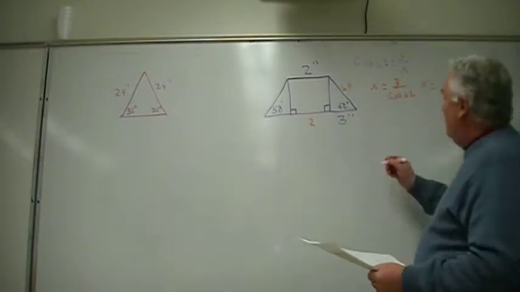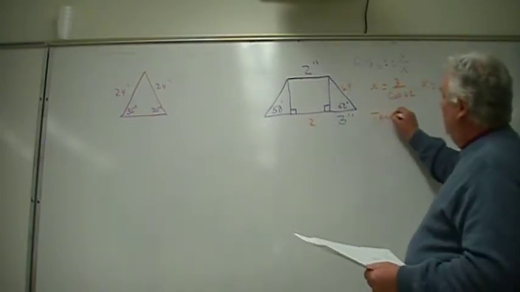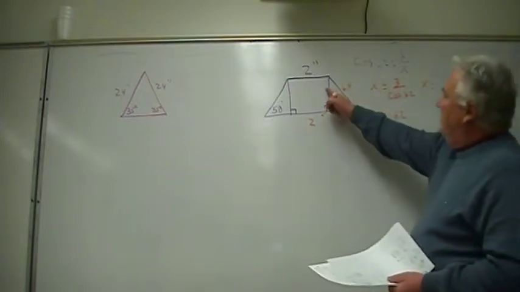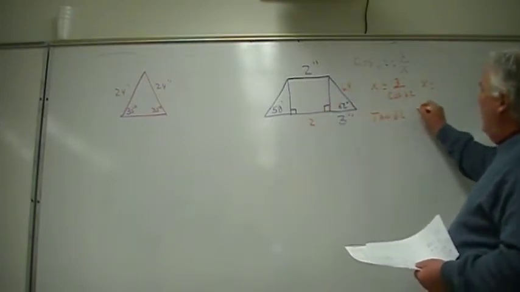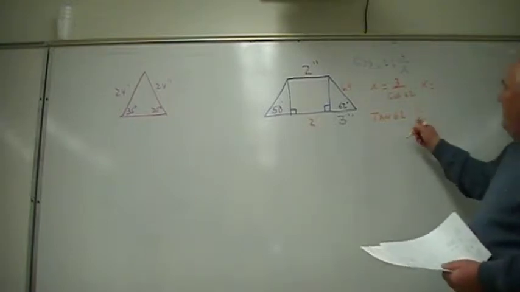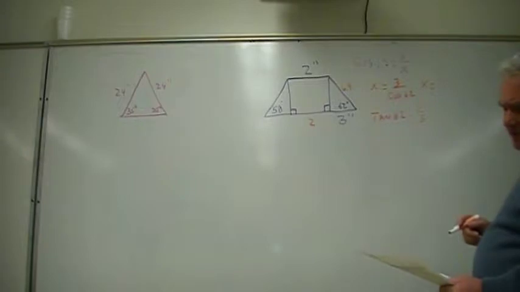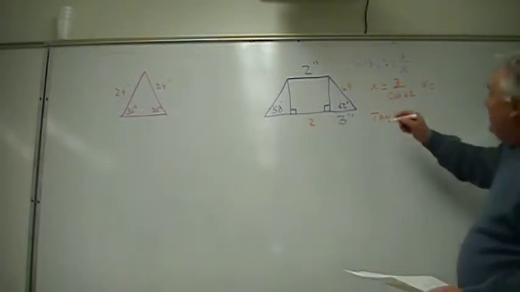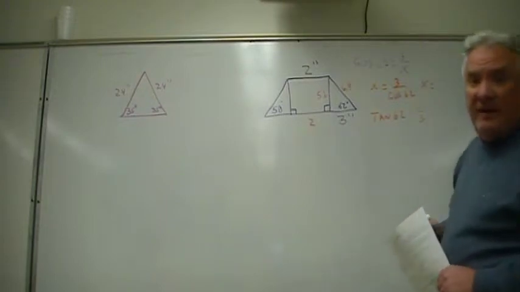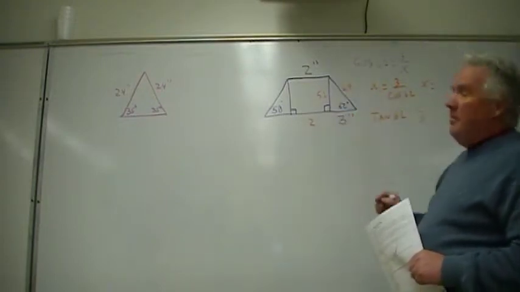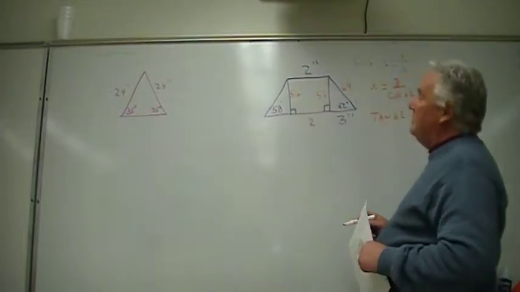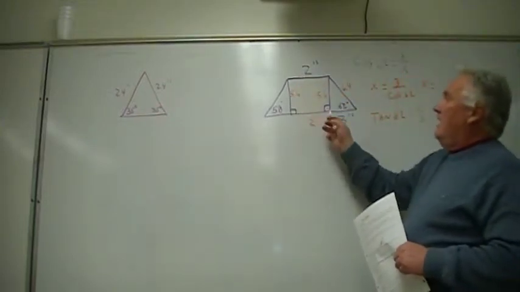And we have to use tangent 62 to find this distance right here. It will equal x over 3. And then 3 times tangent 62 will give us 5.6. So that side is going to be 5.6, even though it's not part of the perimeter, because this becomes 5.6, because we're dealing with a rectangle right here.